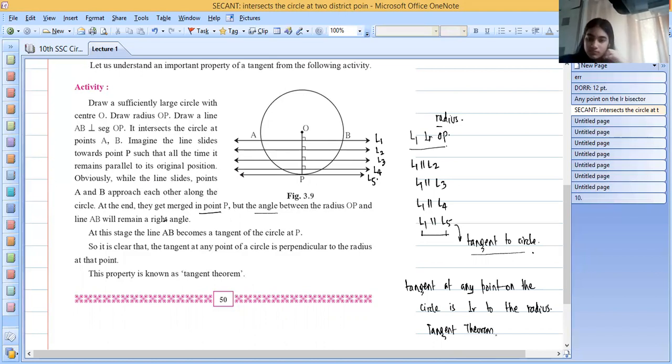What is the tangent theorem? The tangent at any point on the circle is perpendicular to the radius. This is the tangent theorem.